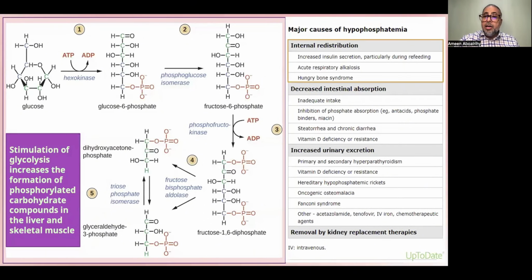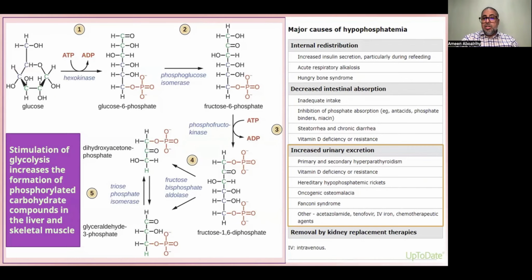In fact, hungry bone syndrome, decreased intestinal absorption because of inadequate intake, inhibition of phosphate absorption by antacids, mainly the aluminum-containing antacids, and steatorrhea, diarrhea as well, and vitamin D deficiency, because it's needed for phosphate absorption.